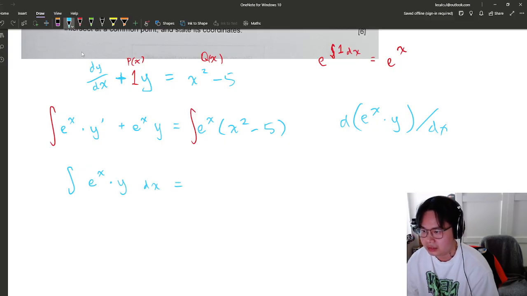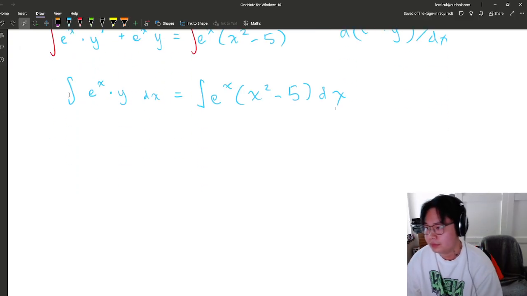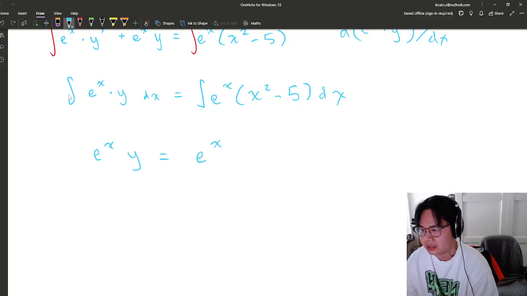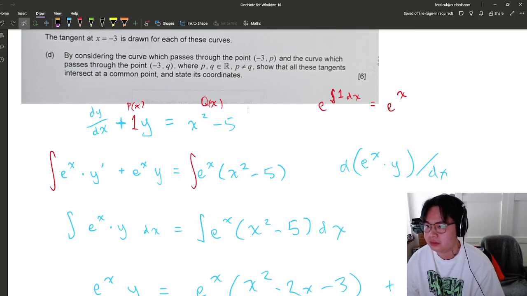So e to the x times y equals the integral of this stuff. And then that's why they asked us to figure this out first. So then e to the x times y is equal to e to the x times x squared minus 2x minus 3 plus c, I believe.